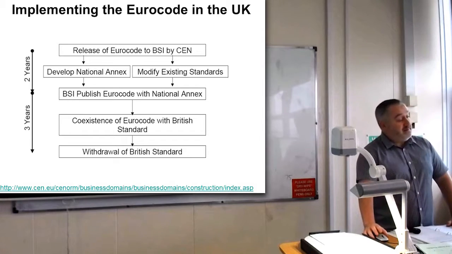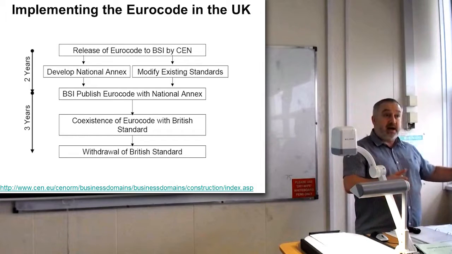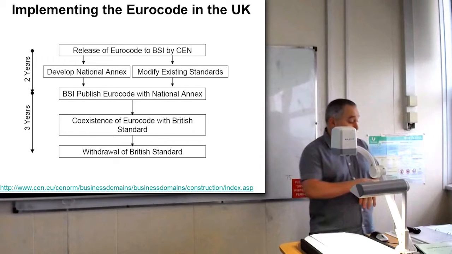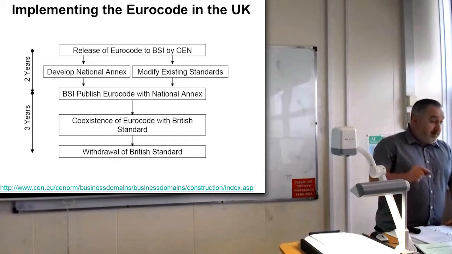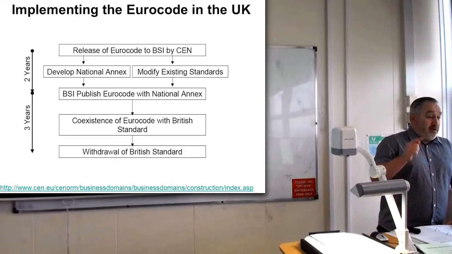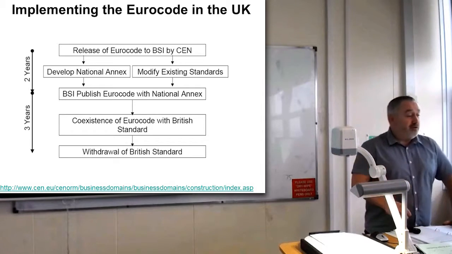Then at some point they were saying, okay, well, 2014 we'll stop the British standards and we'll start using the Eurocodes. What you found is that people wanted to continue using the British standards and didn't want to adopt the Eurocodes.